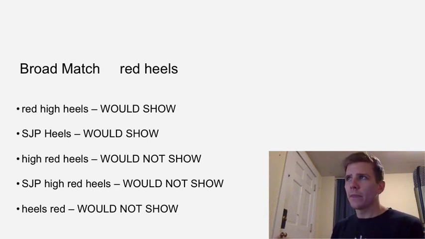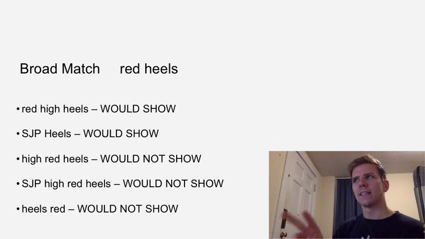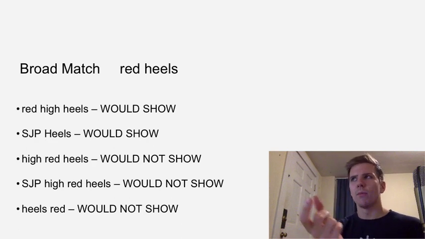So for the first one, it has high in the middle of it. So your ads would still show for this. It's because it has both of those keywords in it, but they're not in phrase version. Apparently, this is something that I didn't know for the longest time, but a broad match with two keywords like that is essentially like a phrase match for positive, but a phrase match that could go both ways.